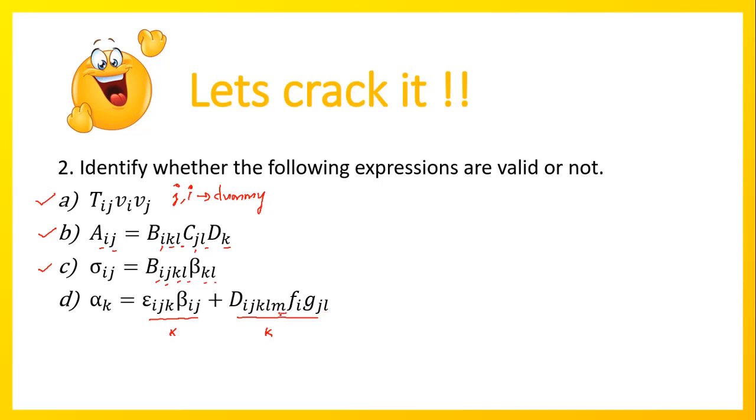But m here appears once, so m is also a free index. But this does not match because we have only one free index here and one free index there. So this particular expression is not valid. Hope you are clear with how we check the validity of an expression.